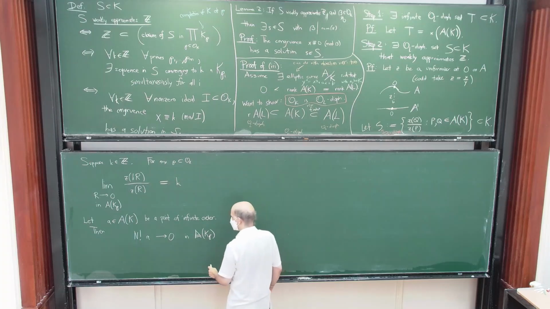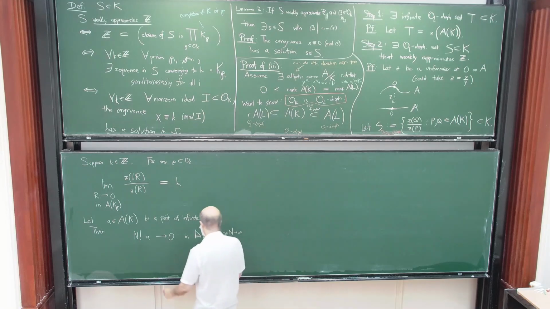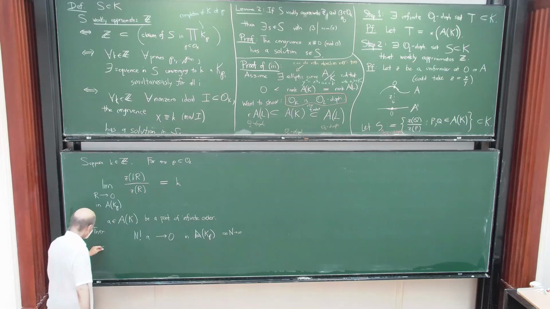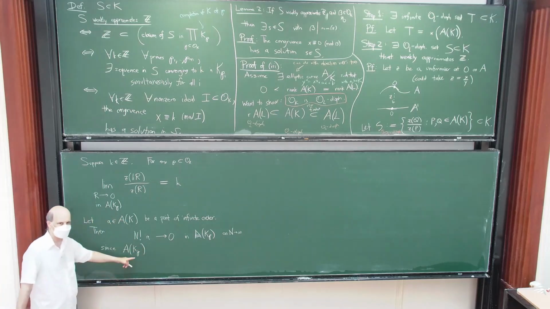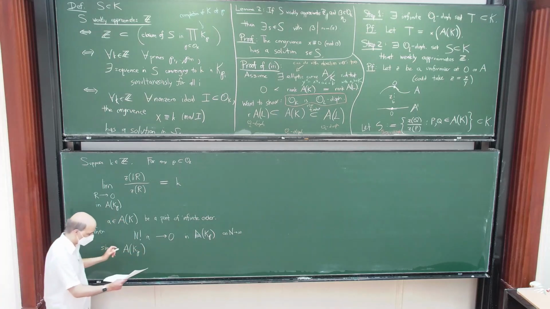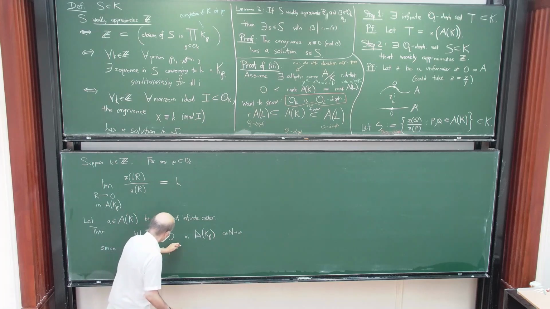That's just because, as n goes to infinity among integers, all this uses is that this topological group is a profinite group. It's a projective limit of finite groups.